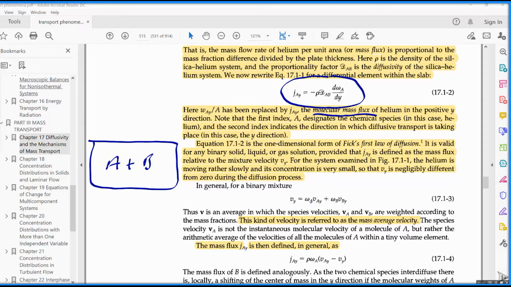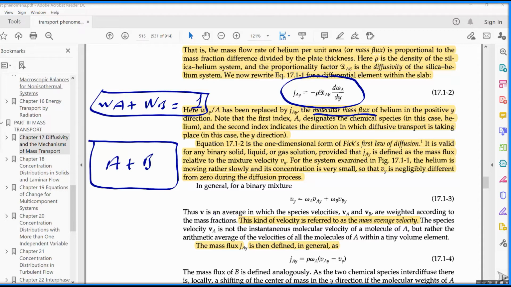WA is the mass fraction of the species A, and VA is the velocity of the species A. It's not the molecular velocity, it's the average velocity of the species A, plus WB, the mass fraction of B, multiplied by the average velocity of the species B, which gives the average velocity of the mixture. So from undergrad courses we know WA plus WB is going to be equal to 1.